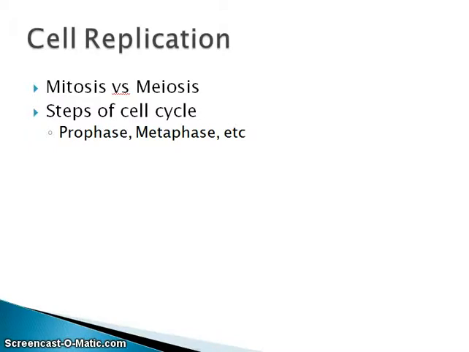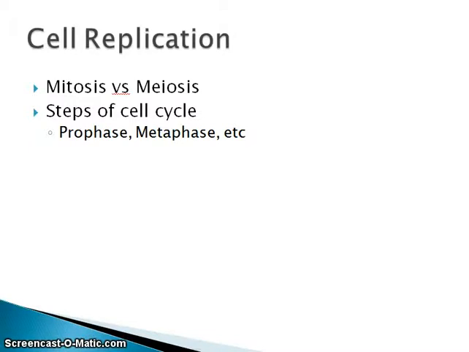Mitosis is creating an exact copy of the same cell. So maybe a brain cell is going to split up and it's going to become 2 of the exact same copies. The opposite is meiosis. So with meiosis, you're going to have one cell that actually splits into halves of itself.